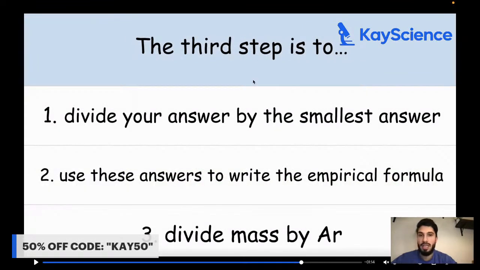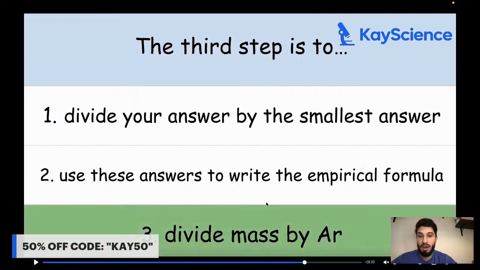The third step is to do what? Is it 1, 2, or 3? The third step is number 3. You divide the mass by the AR. So doing that gets you 1 mark.